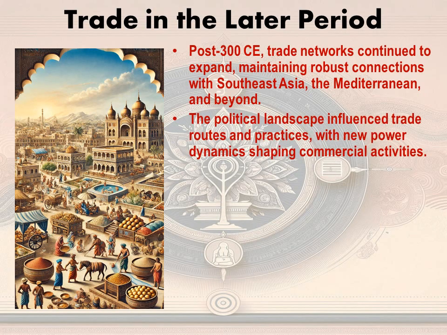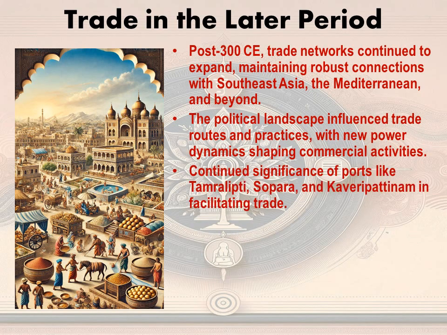The political landscape influenced trade routes and practices, with new power dynamics shaping commercial activities. So there was a change in the political landscape, and with the coming of new kings and new dynasties, there were new ventures in commercial spheres.